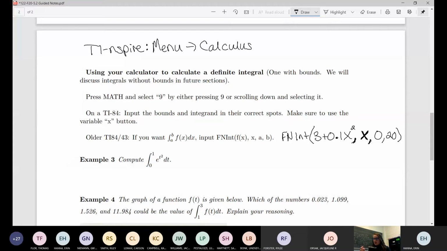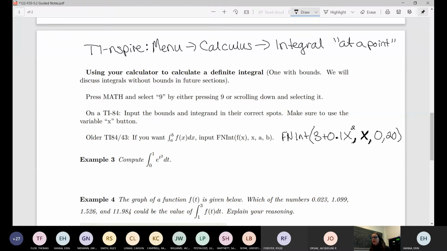X shouldn't be saved as anything, and I think that's the main issue, Benji. I'll talk about that in just a second. So you scroll down to calculus if you have a TI Nspire, and then there's an option for integral. It might say at a point. So you go down to that one, integral, and then just like with the newer version of the TI-84, it kind of sets it up for you, and you just got to plug things into the right spot.